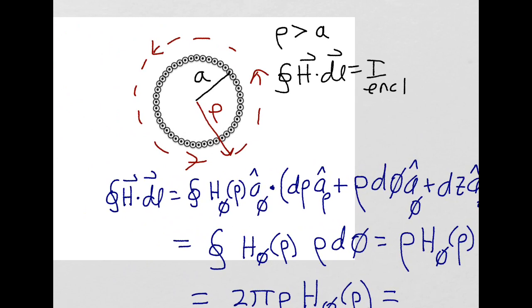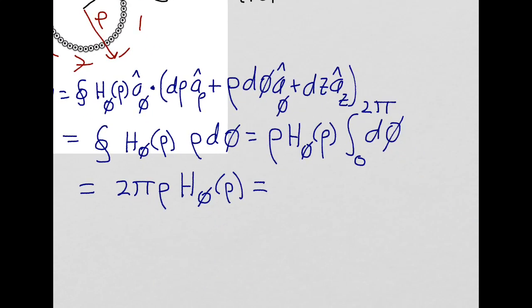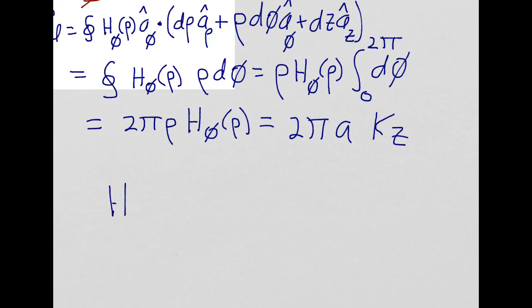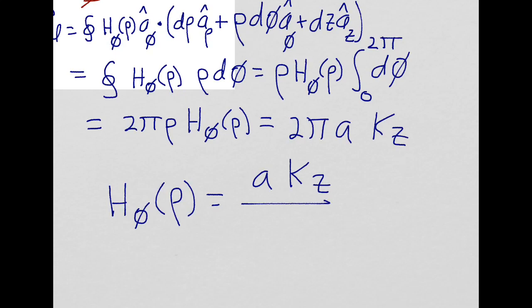Now, this is going to equal the current enclosed. Now, we know the sheet current density around the cylinder. It's K sub Z amps per meter. So we need to multiply that by the distance around our cylinder, the circumference of the cylinder, which is 2 pi A. Okay, so this will equal the current enclosed being 2 pi A times K sub Z. So now if we solve for our component of h, we get A times K sub Z over rho.